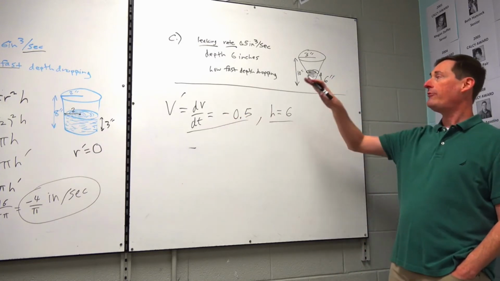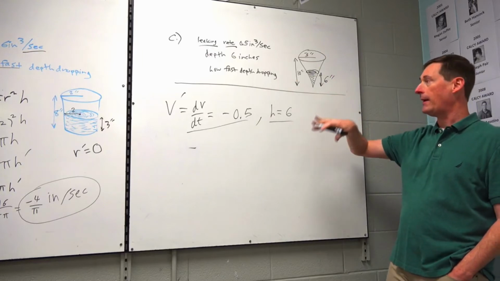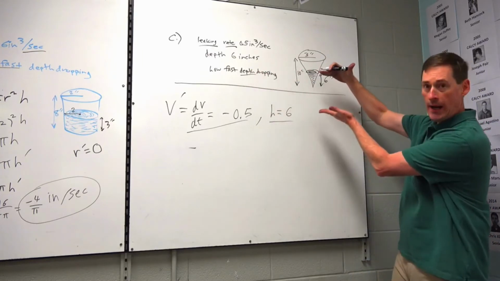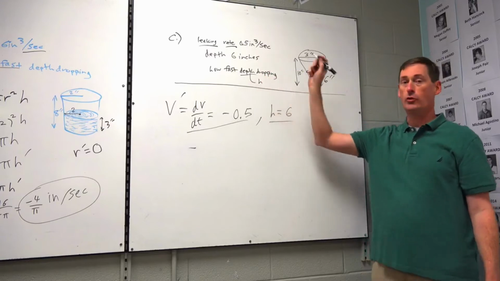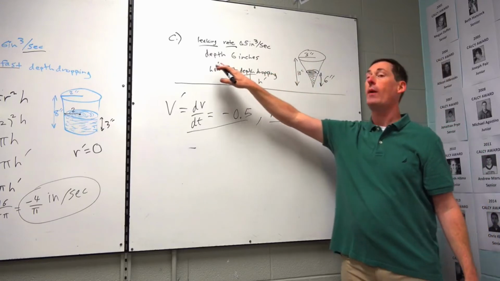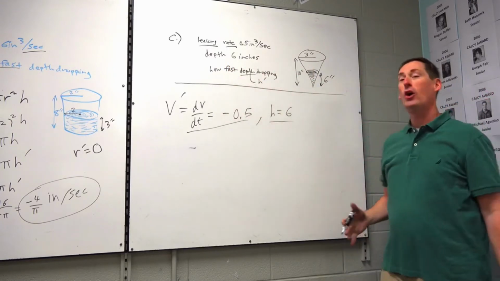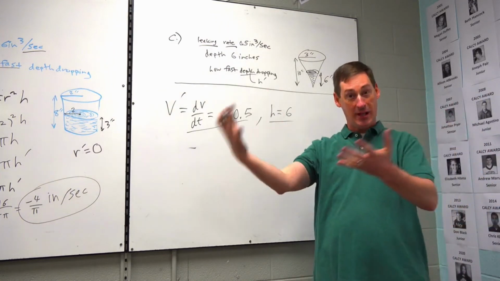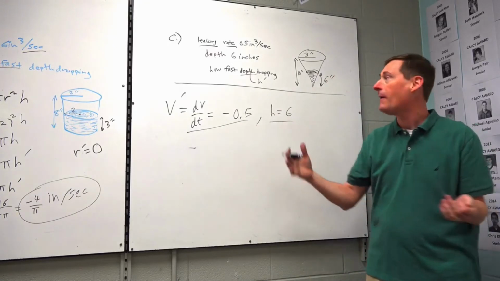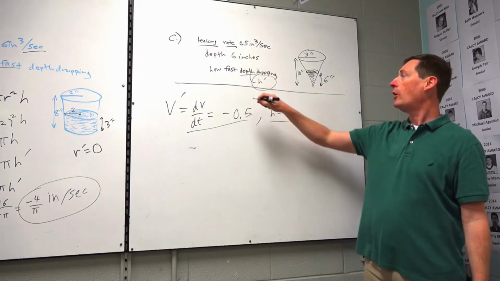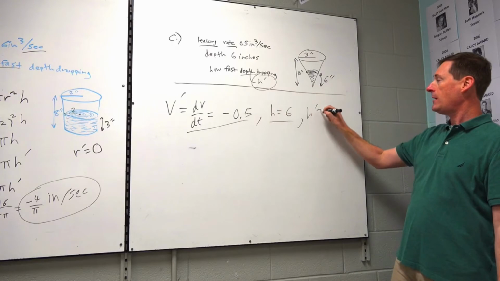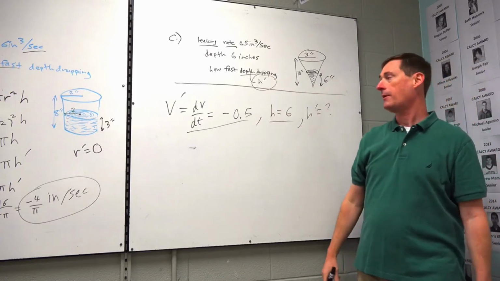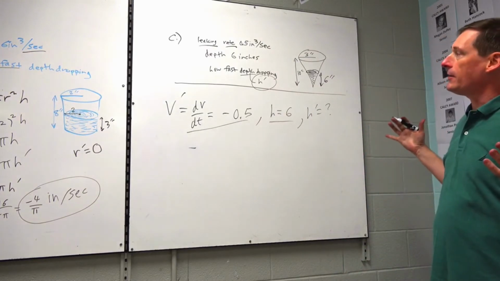Okay, how fast is the depth dropping? Let's see, the depth is going to be the height, but dropping, so prime. Also, how fast? Prime. Hopefully you're getting really fluent in English to calculus, calculus to English, looking for the keywords. How fast, derivative. Go find h prime. So h prime equals question mark. That's our question mark. All right, let's see if we can put it all together.